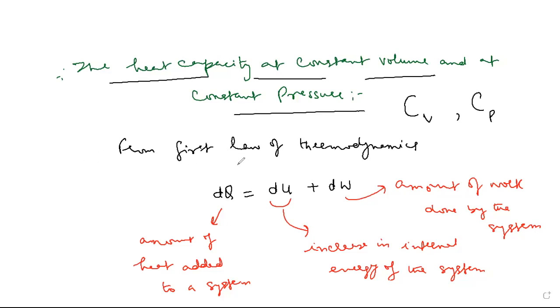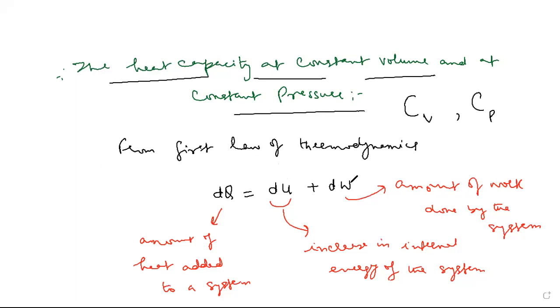So you'd also know that first law of thermodynamics is a statement of conservation of energy. So it simply says if you add some heat to a system, this heat will be used by the system partly in increasing its internal energy and partly in doing work on the surroundings.